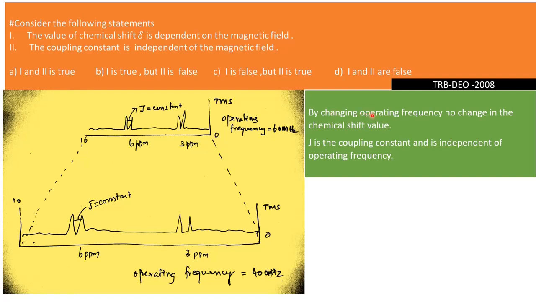J is the coupling constant and it is independent of the operating frequency. So what is our answer here? The answer is C. Statement one is false, but statement two is true. So both are independent of the operating frequency.